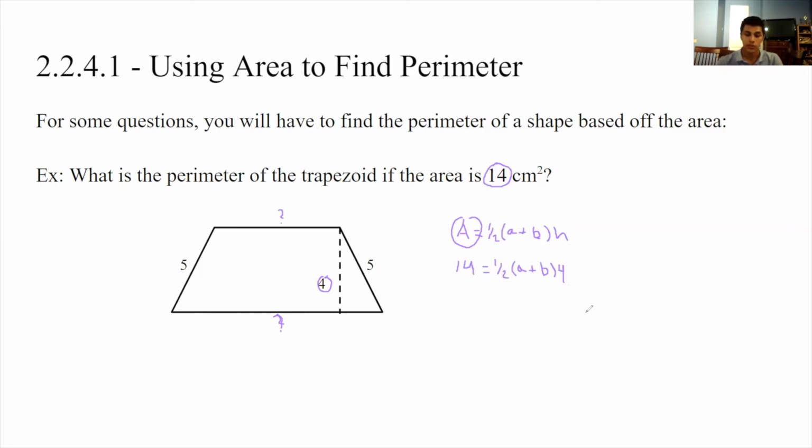So the first thing I need to do is multiply 14 by 2, because if I'm getting rid of this 1/2, then I need to multiply by 2 to get rid of it. And so this is where it gets a little bit complicated. When you multiply something by 1/2, it means you're dividing that number by 2. So in order to get rid of this 1/2, I need to do the opposite operation of division by 2, which is multiplying by 2.